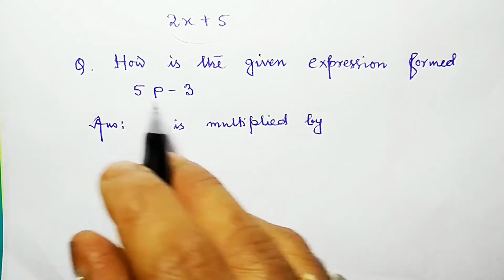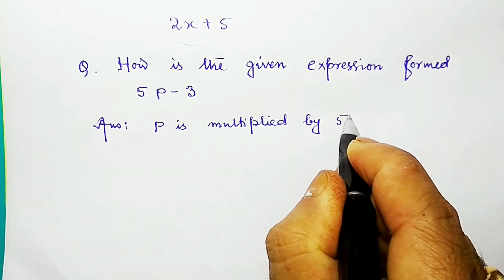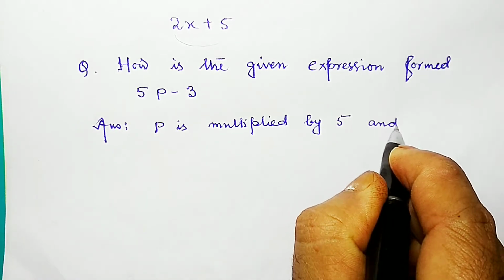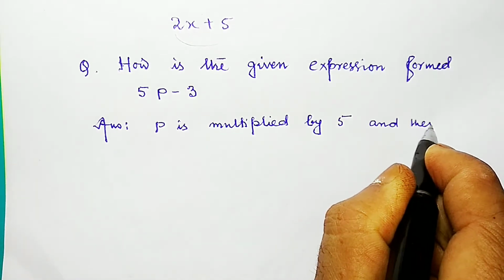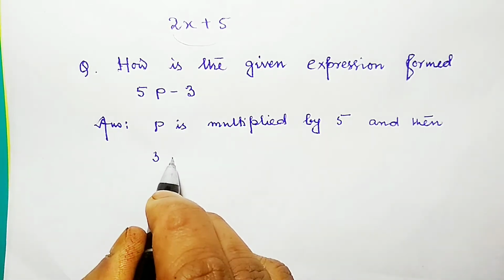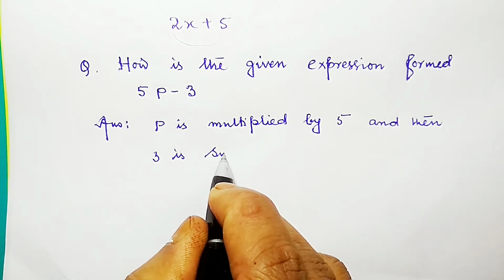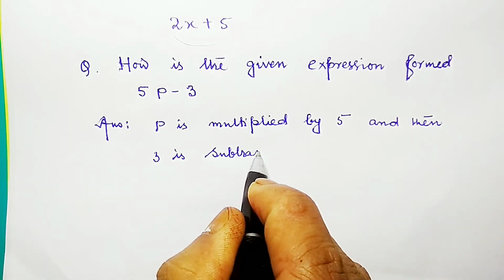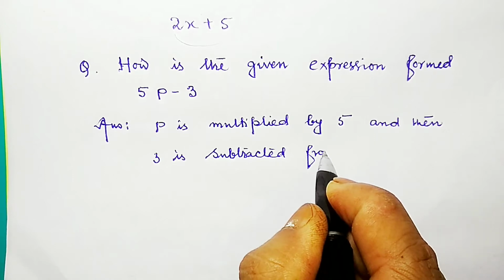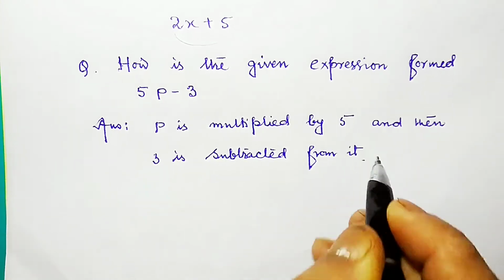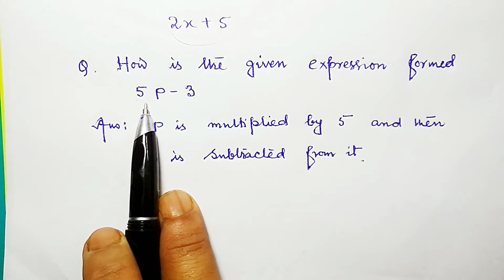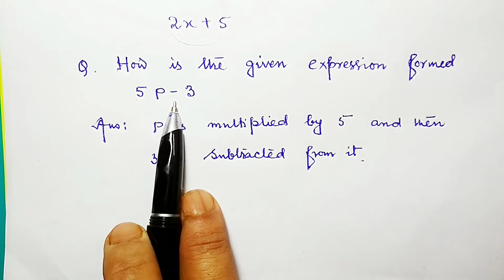So p is multiplied by 5 and then 3 is subtracted from it.